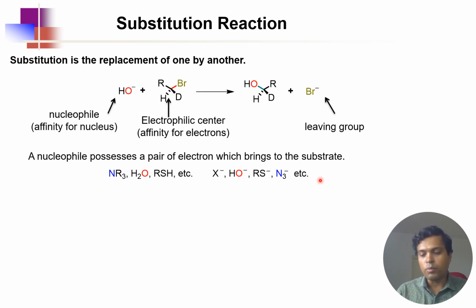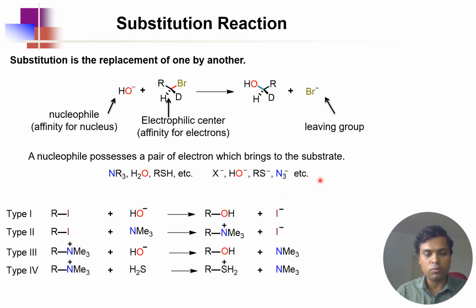Now, before going into details, we would like to talk about the types of substitution reactions. There are 4 different types, and if you see those schemes, you will find that between the left hand side and the right hand side of the reaction, there is some change in ionic character of the molecules or the anions.